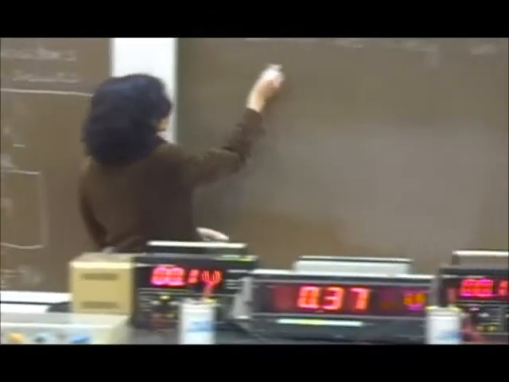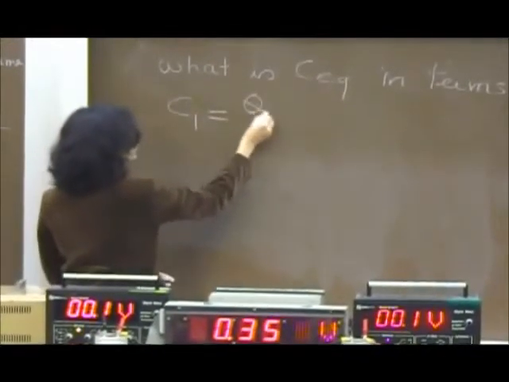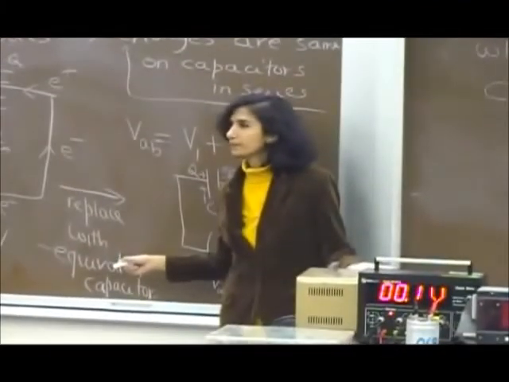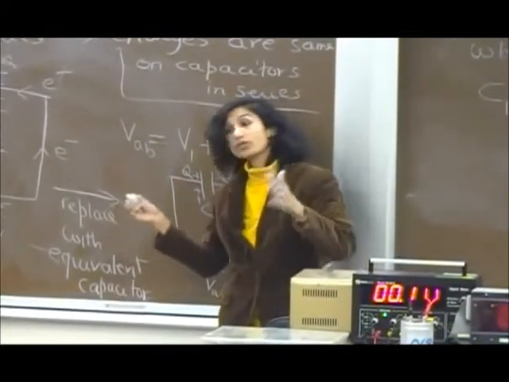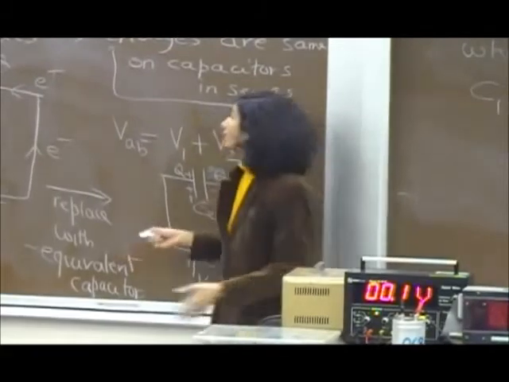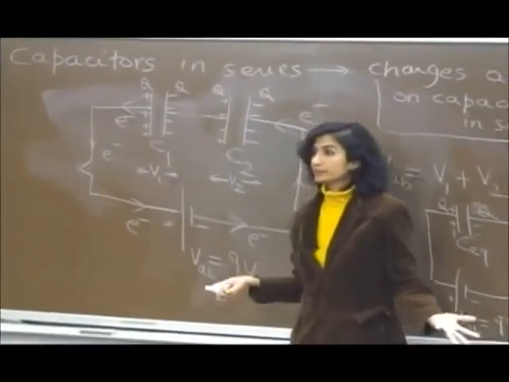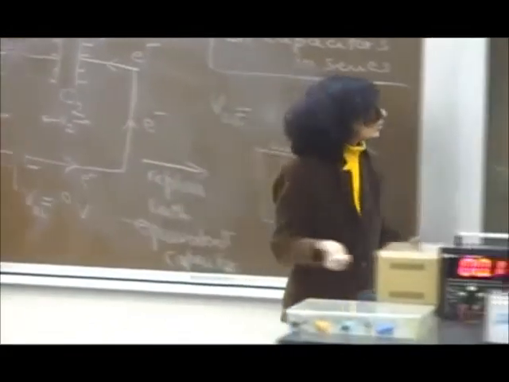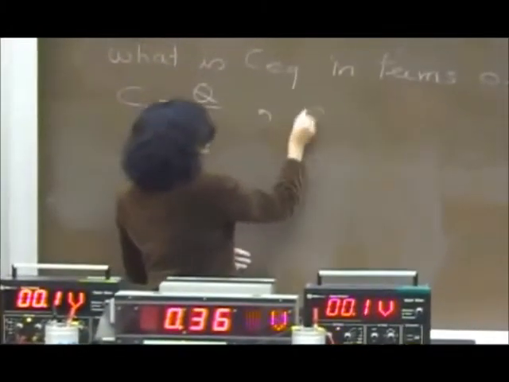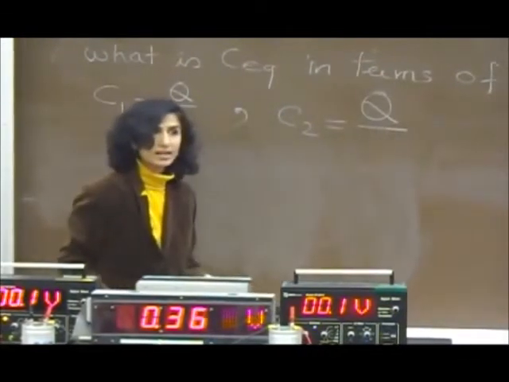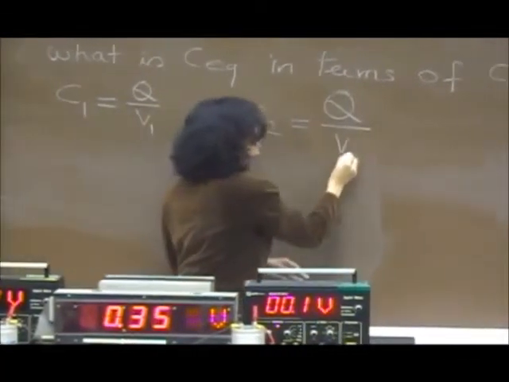We know C1 should be equal to Q divided by V1. Isn't this true by definition? Capacitance is charge per unit voltage. Here the charge is Q, voltage is V1 across the plates, right? Similarly, what about C2? Can I say C2 is equal to the same exact charge Q because they are in series, but a different voltage V2?